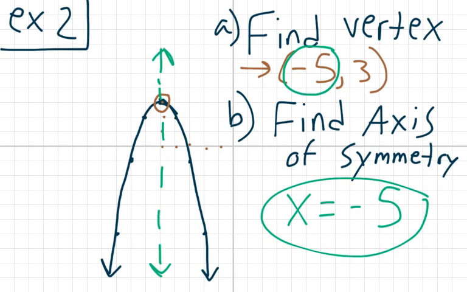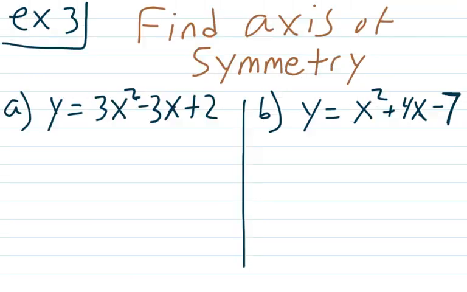Okay? So let's look at 2 more examples and then we are done. So here I have 2 equations. I have this one on the left, this one on the right. From both of them, I want to find the axis of symmetry. So in this equation on the left, I know that a is 3, b is -3, and c is 2. Doesn't matter what c is here, I'm just showing you what it is.